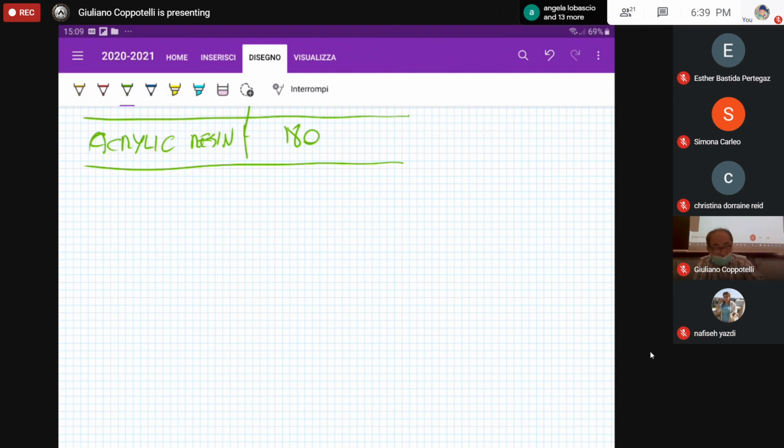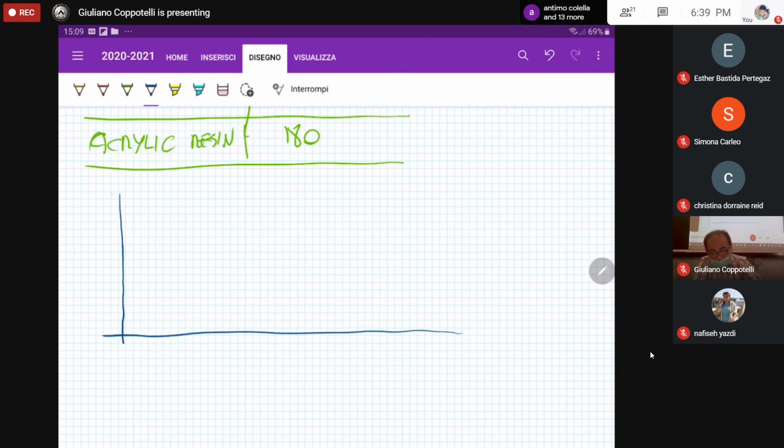And the chart is something like this. We have x-axis, y-axis like this. In the x-axis, we have the temperature. In the y-axis, we have the apparent strain, generally microstrain, and this is degrees Celsius.